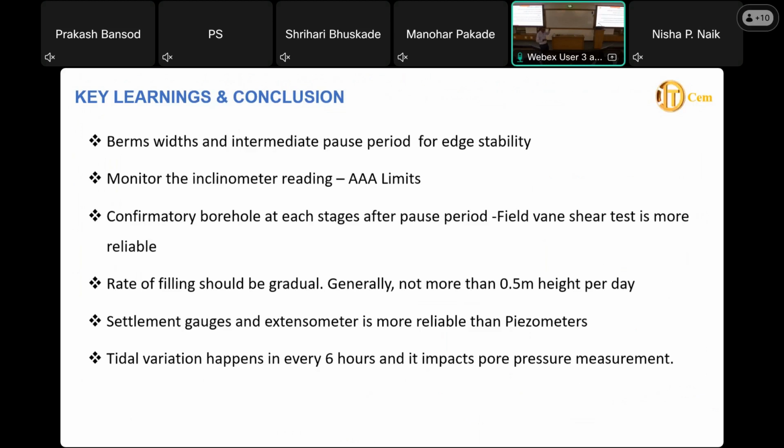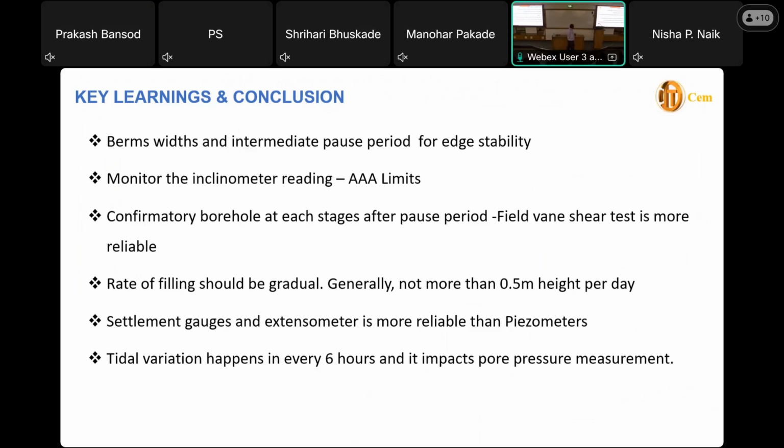If you check this Asaoka graph, this is showing yesterday's reading and today's readings. It will be good when the graphs are flat. When the graphs are not flat, it's not stabilized. So this methodology has a limitation: it is good at predicting only if the degree of consolidation achieves at least 60%.